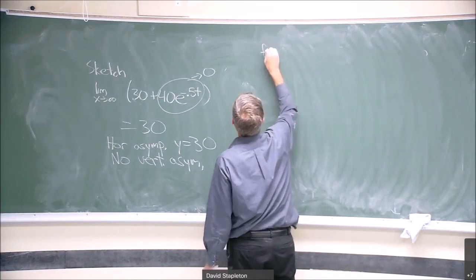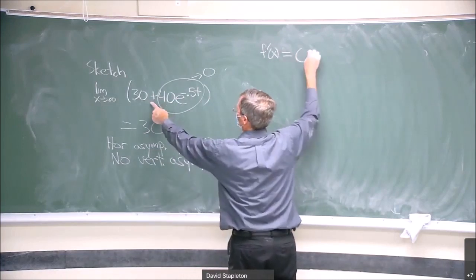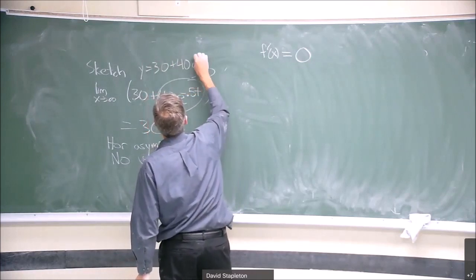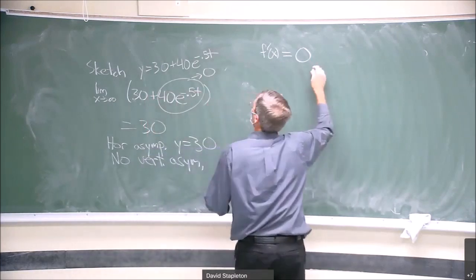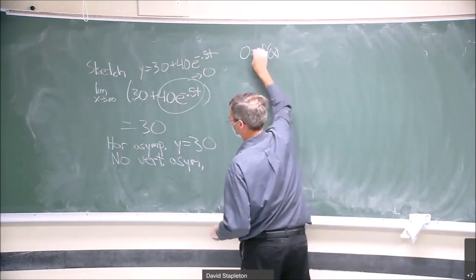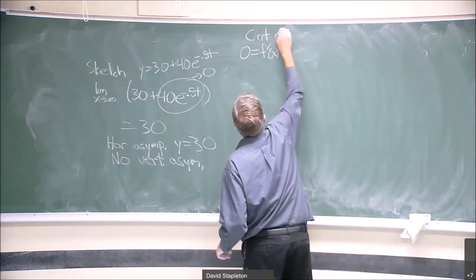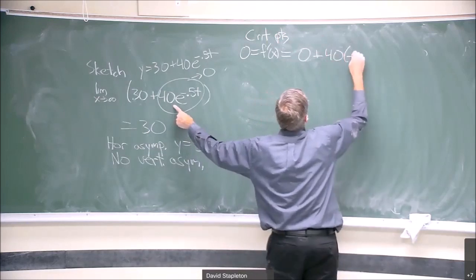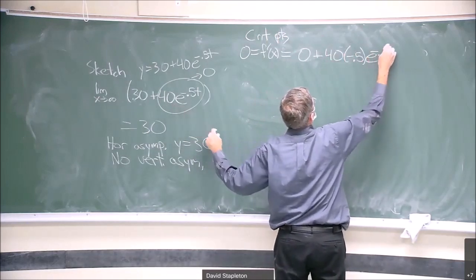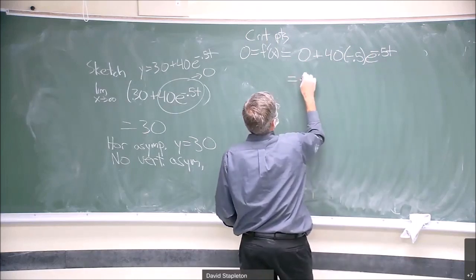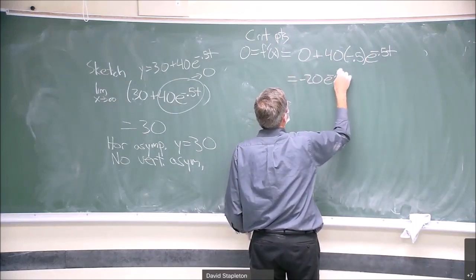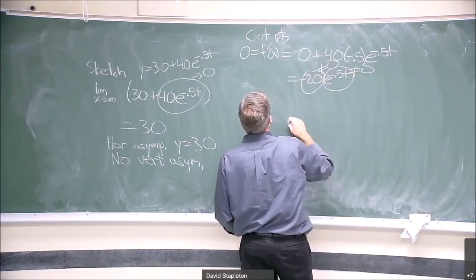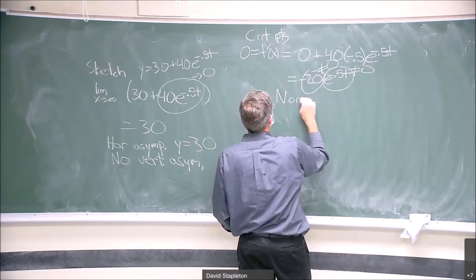We take the first derivative and set it to 0 for a critical point. From y equals 30 plus 40 e to the minus 0.5 t, that's 0 plus 40 times minus 0.5 e to the minus 0.5 t, which is minus 20 e to the minus 0.5 t. This isn't equal to 0, and this is not equal to 0. The product can never be equal to 0, so there are no critical points.